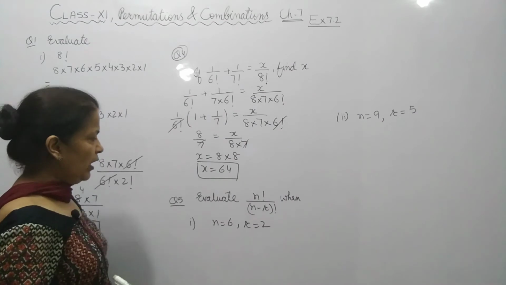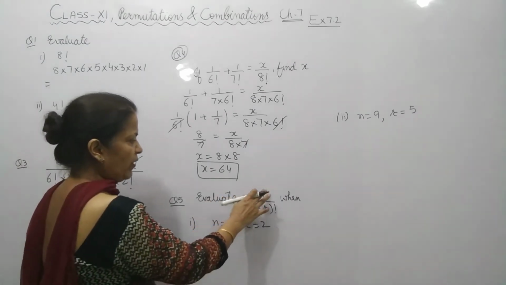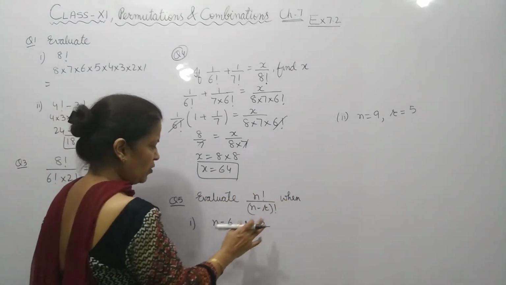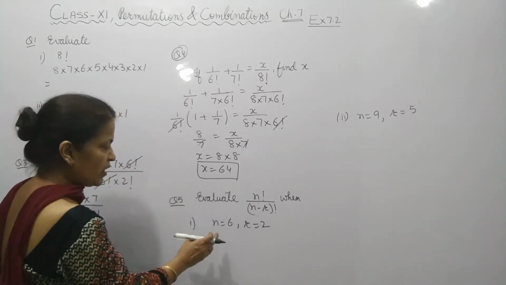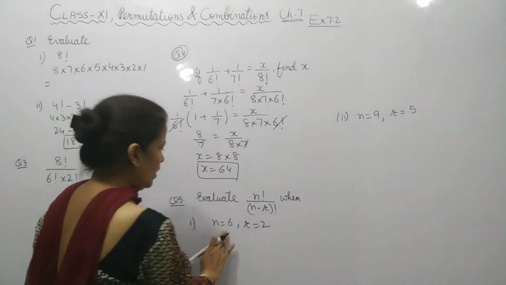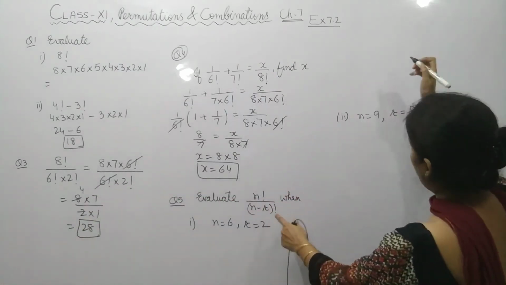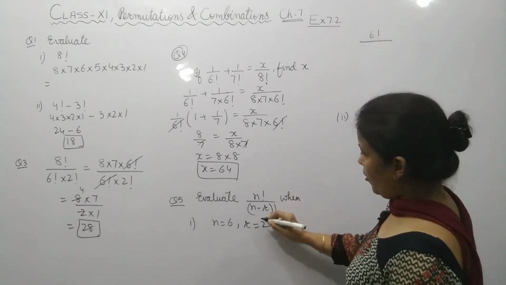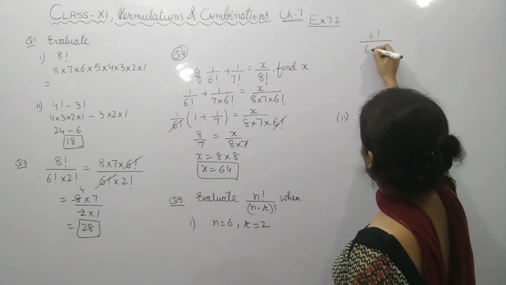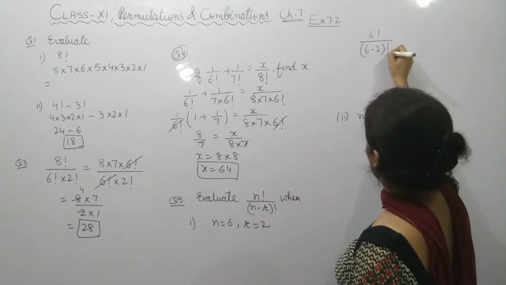Question 5th. In question 5th, evaluate n factorial upon n minus r factorial when n equals 6 and r equals 2. Now we will substitute these values in the formula. n factorial means 6 factorial upon n minus r, means 6 minus 2 factorial.